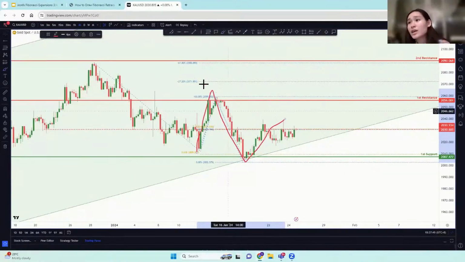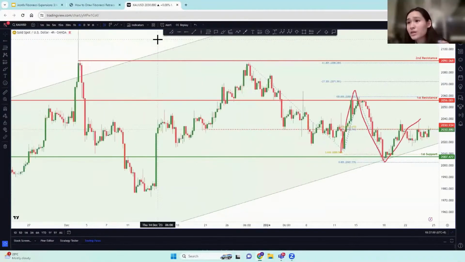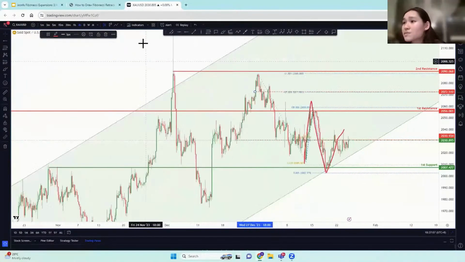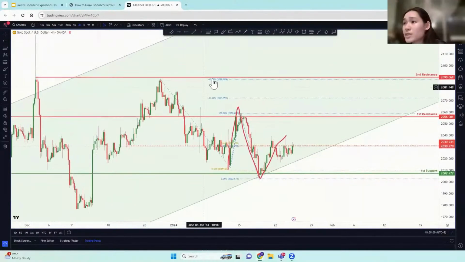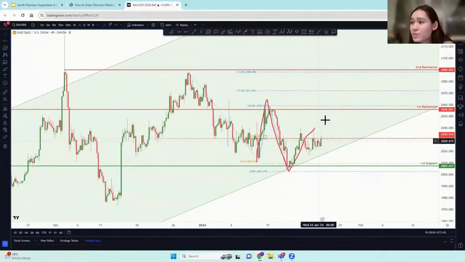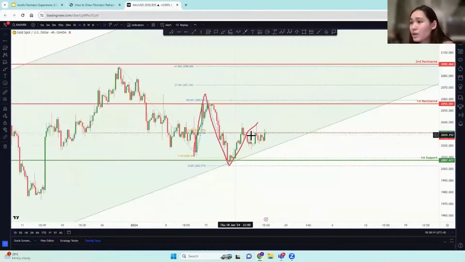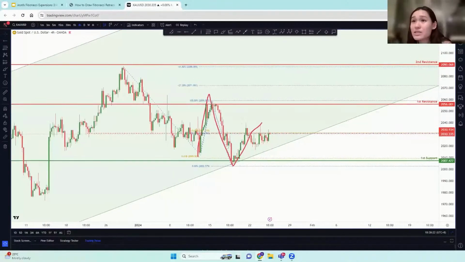I can see that I have a minus 27.2 that lines up with, let's see, okay, it doesn't line up with anything. But my minus 61.8 lines up nicely with my second resistance. So I'm still going to keep this level just in case price bounces off of that level. But for now, we are going to see price testing our intermediate resistance first, and we're expecting it to continue to move up towards our first resistance.